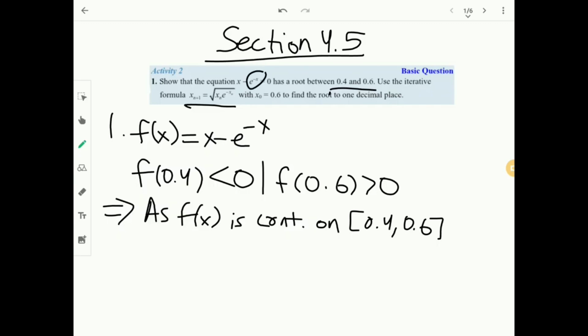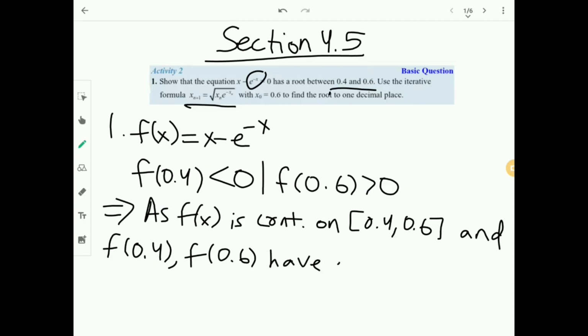If f of x and g of x are continuous, f minus g of x is also continuous, and f of 0.4, f of 0.6 have opposite signs, that means one is positive, one is negative, then we have fulfilled all the conditions of the intermediate value theorem.